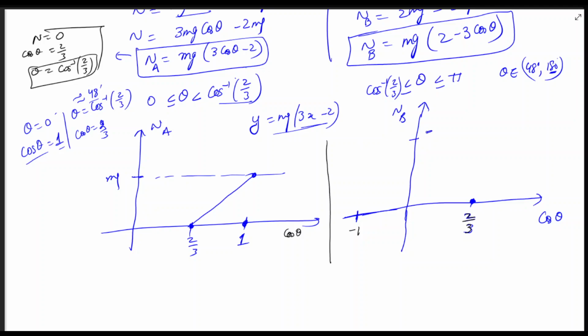So it will be this 5 mg. We have this point, and we'll join this. Okay, perfect. And this point we can also calculate. Here cos theta is 0, so this point will be 2 mg. Okay, so these are the two graphs.